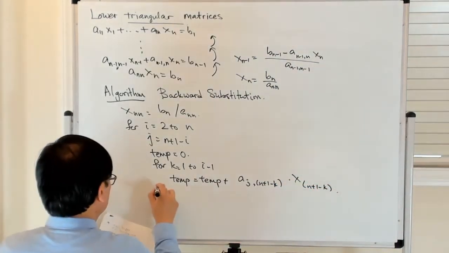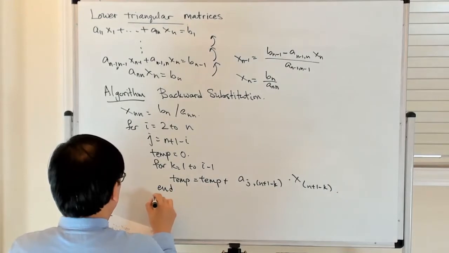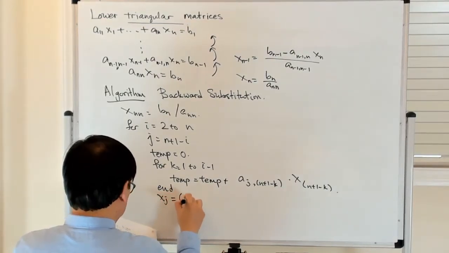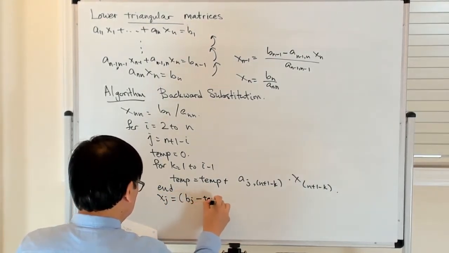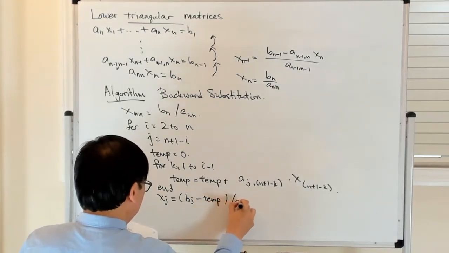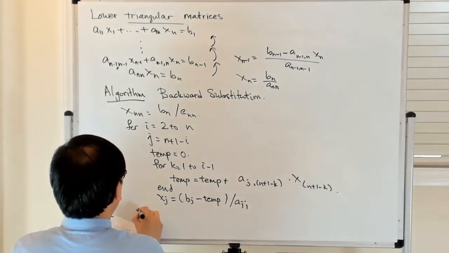Then you end that loop, and xj is equal to bj minus temp, divided by ajj, and then you end the for loop.